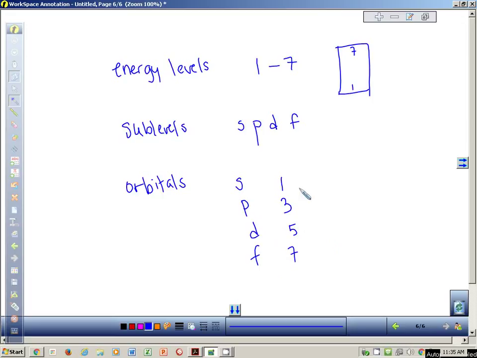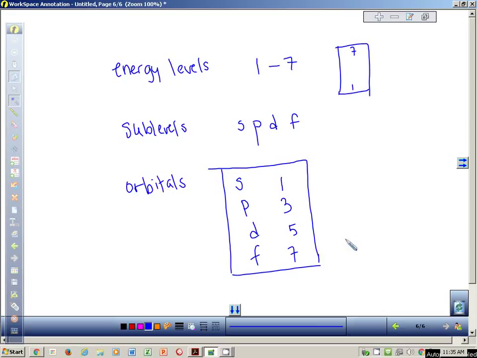I've done nothing more than just memorize the lineup, that the order is S, P, D, F, and then 1, 3, 5, 7. If somebody wants to know how many orbitals the F sublevel has, I think S, P, D, F, 1, 3, 5, 7. Okay? This would be very useful for you to be able to recall, whether you write it down or say it in your head, on the test.